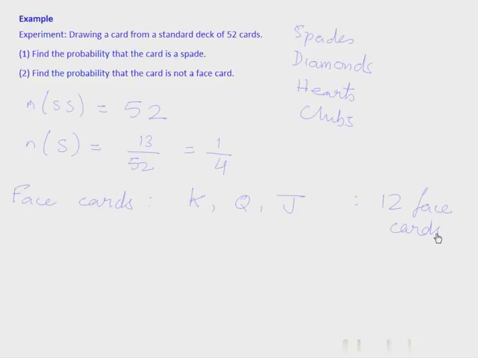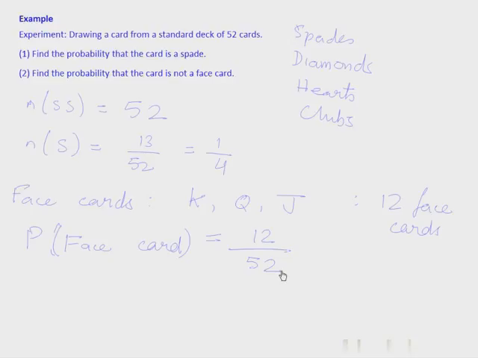Find the probability that the card is not a face card. So I'm going to use the method of the complement. I'm going to find the probability that the card is a face card. Probability that it is a face card, P face card. I'm sorry, this should be P face card. Let's just erase it. P face card would be 12 over 52.